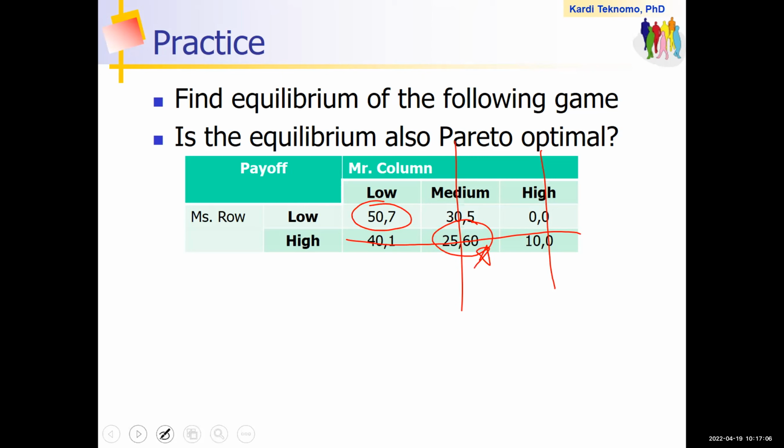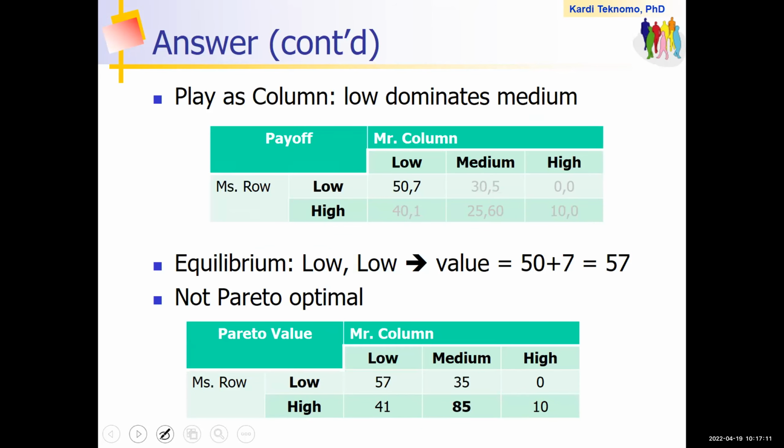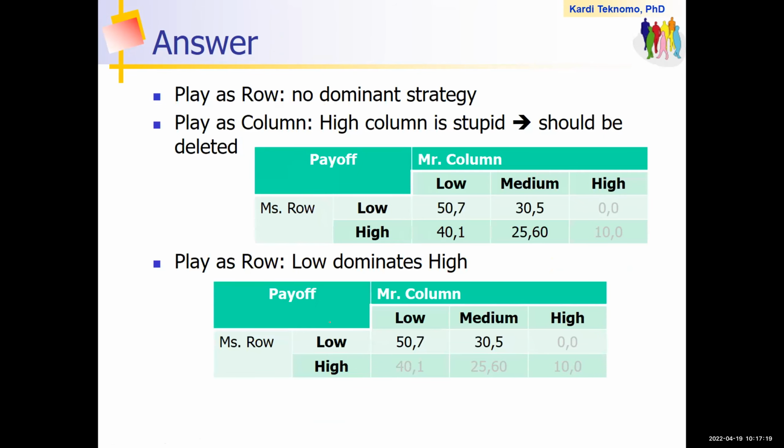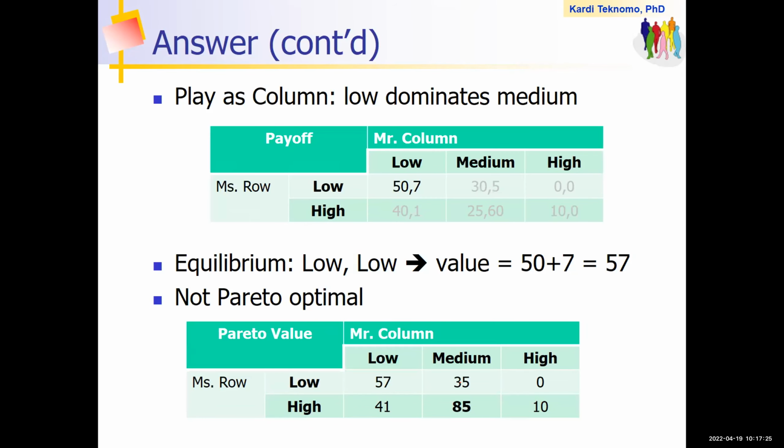Okay, so in this game, yeah, the equilibrium is at this point, and so this is the equilibrium. 57 is the equilibrium, but the Pareto optimality is 85.